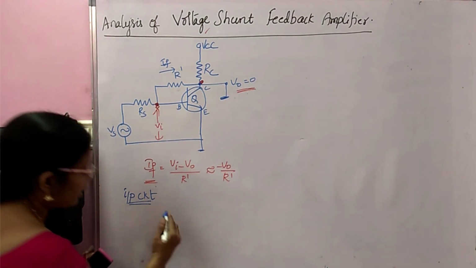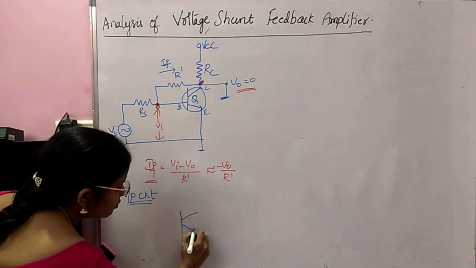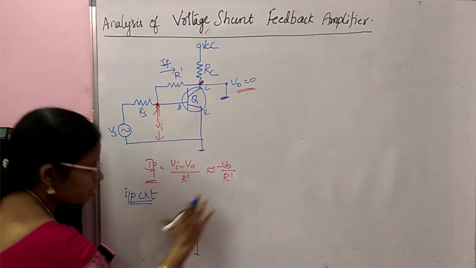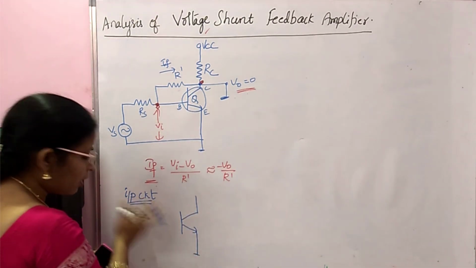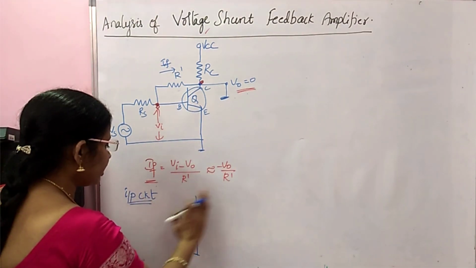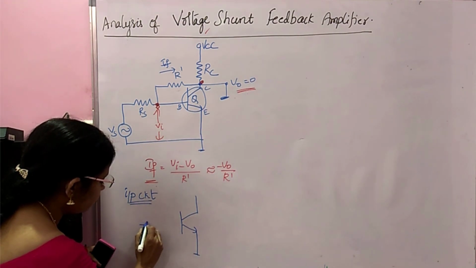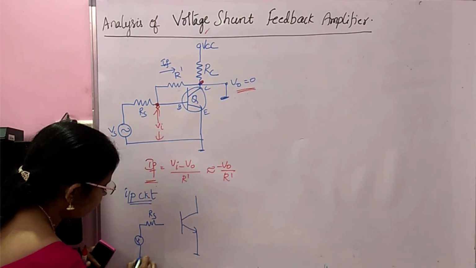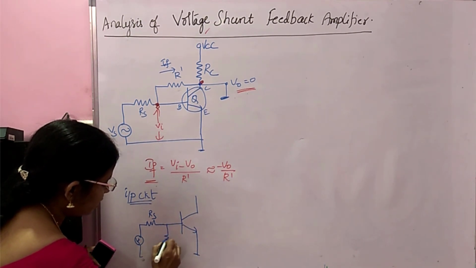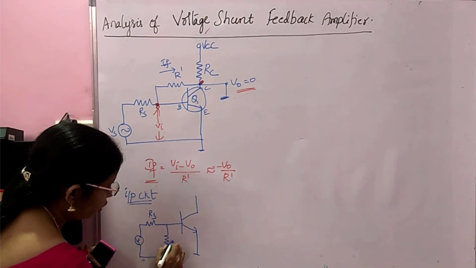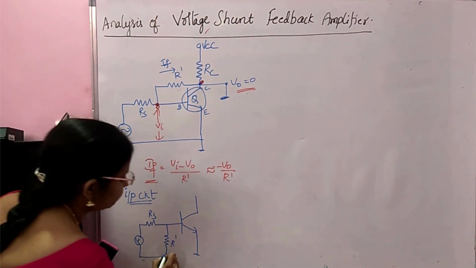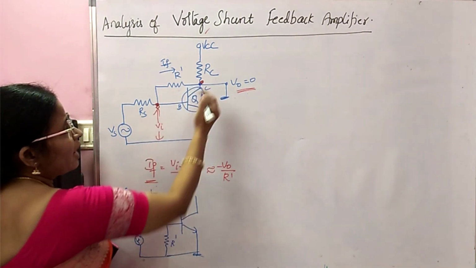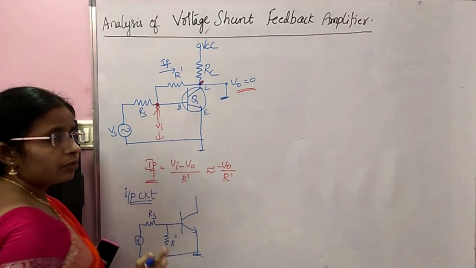The input circuit is, see here, and it is grounded, because output voltage is 0. As you are finding only the input circuit, don't think about output. Here you have Rs and here you have Vs. At this point you are going to have your R dash, because V naught equal to 0 makes this node connected to 0.